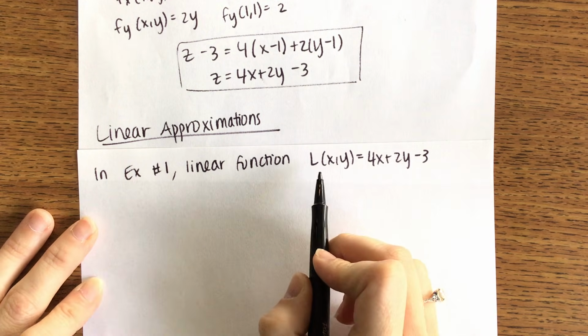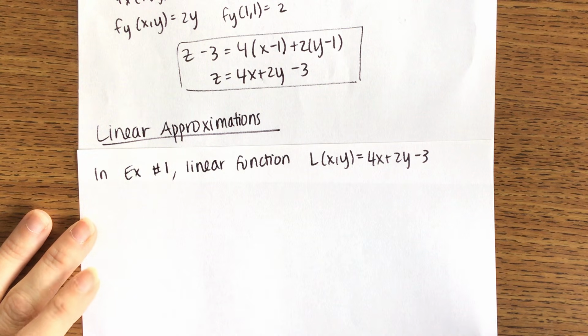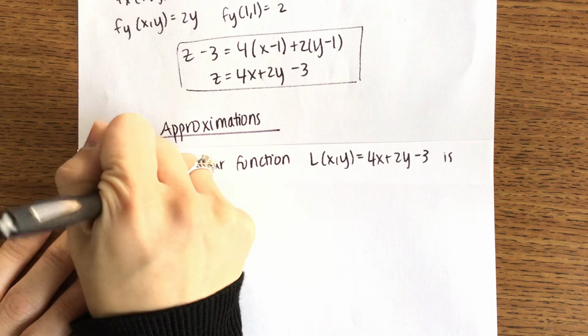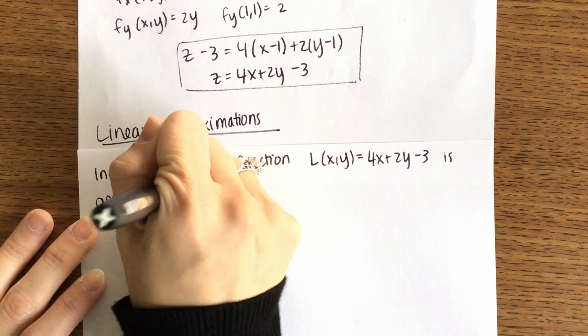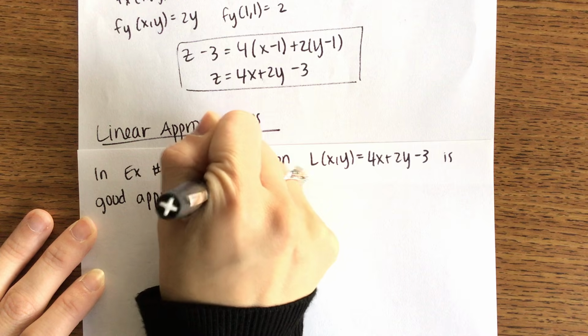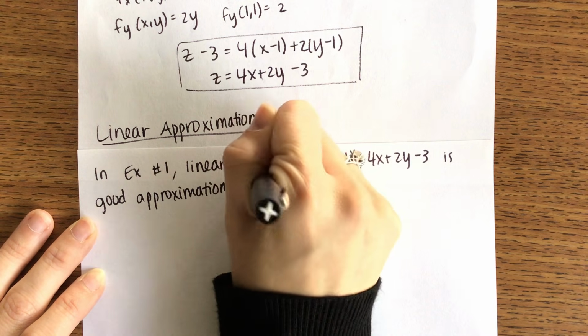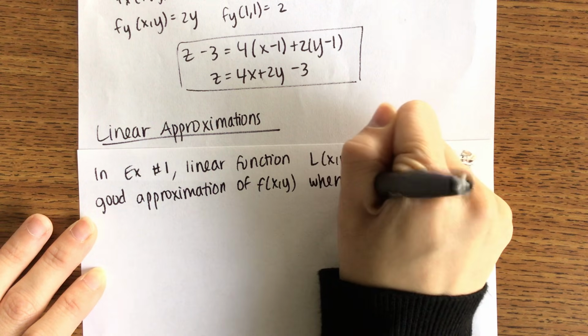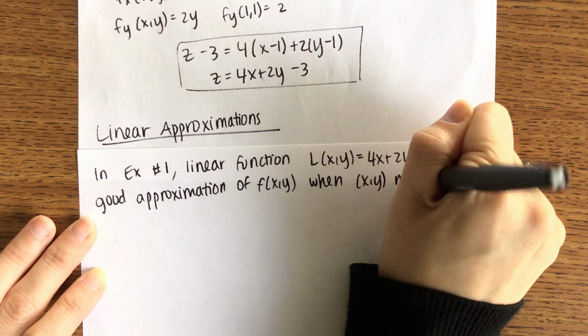Often that'll be denoted L. So that function is a good approximation of f of x, y for x, y that are near 1, 1.